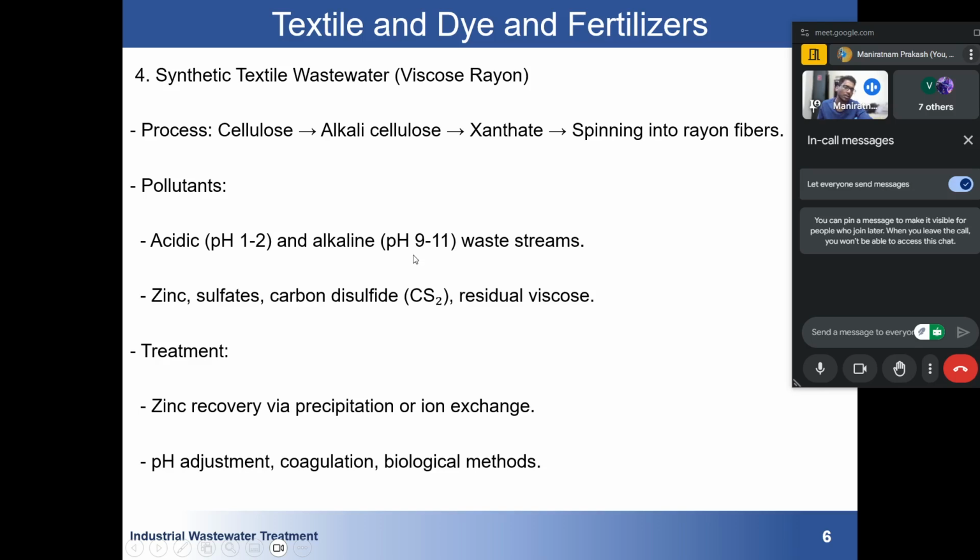Here also there is a utilization of water, and eventually these are dissolved in the water and come out as wastewater containing a high amount of zinc and sulfates. As it contains zinc, it can be removed by precipitation or ion exchange, pH adjustment, coagulation, and biological methods.